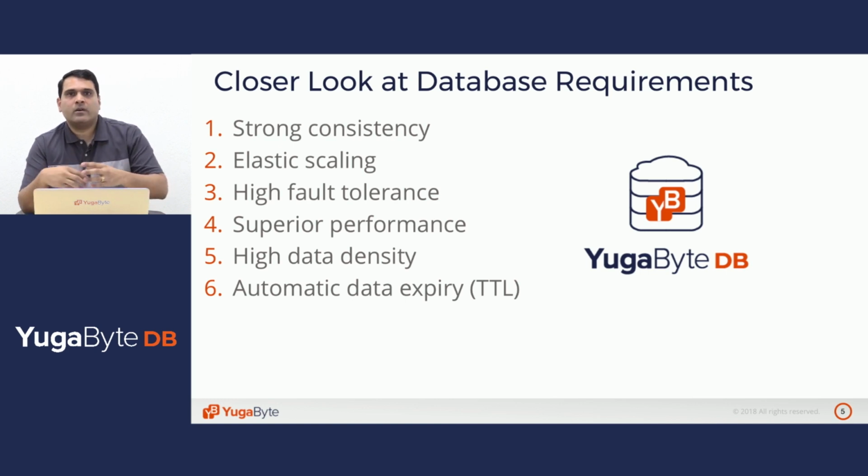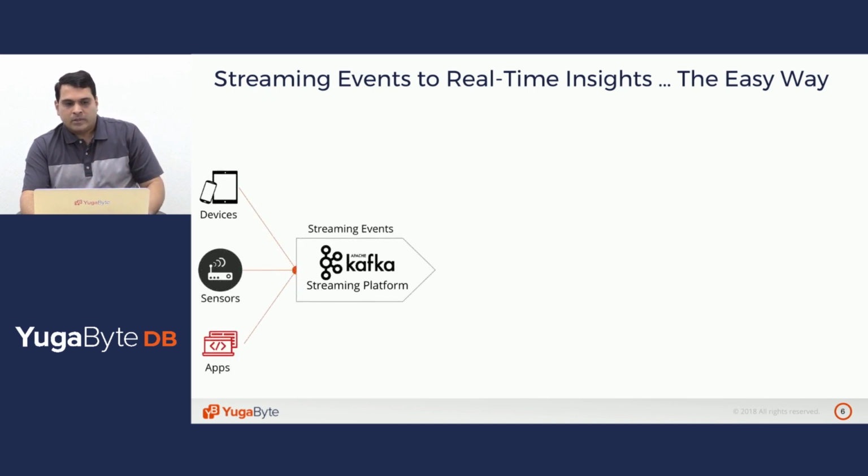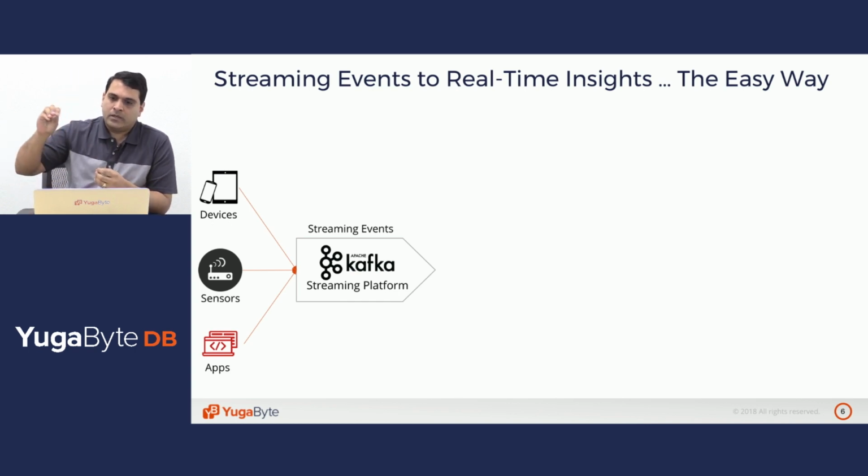Now, let us tie all these three together and see how one can architect real-time insights using all the three aspects that we discussed so far: Kafka, Yugabyte database, as well as KSQL for real-time analytics. So this is a typical high-level architecture of how the devices send information to the Kafka streams that they're registered with, and the Kafka platform provides ways to send it out to the consumers who want to consume that data.